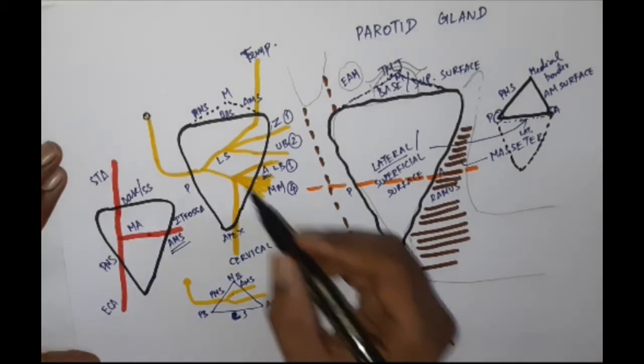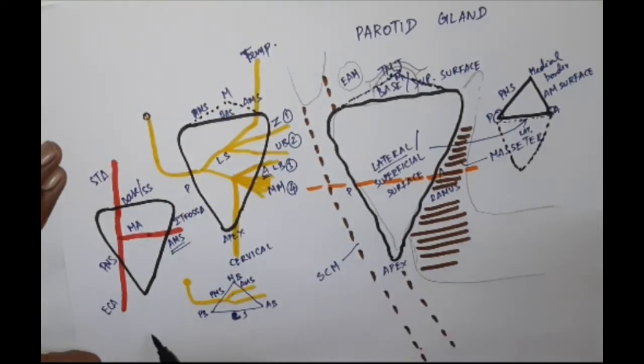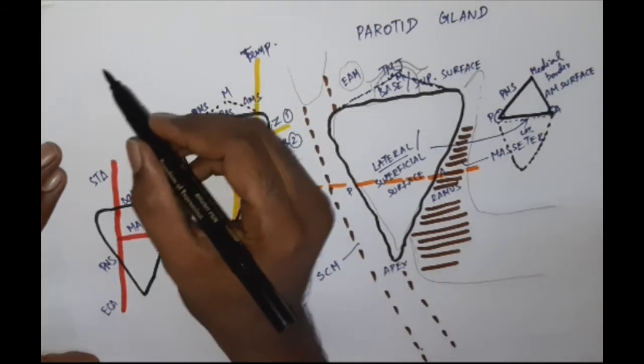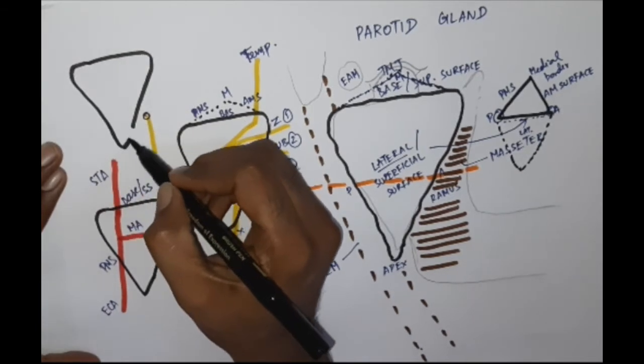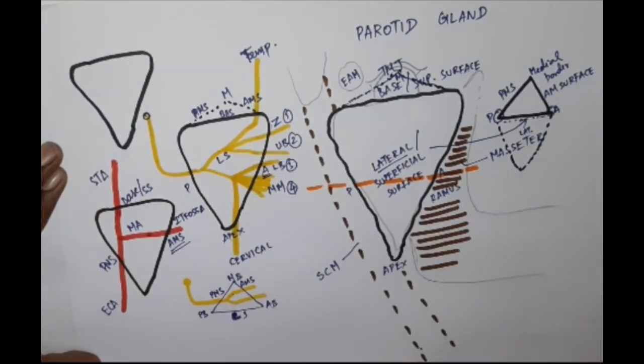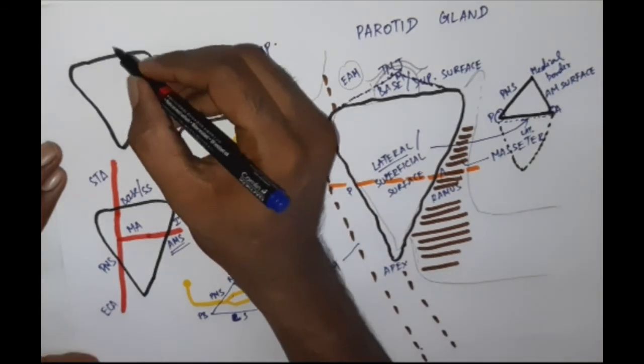One more structure that you're going to see here. The third structure that you could see here, I'll draw it simple. We have already discussed in previous classes. The third structure is the vein.